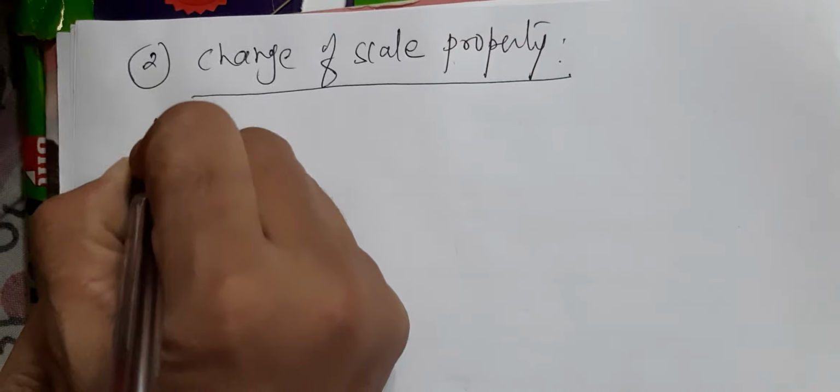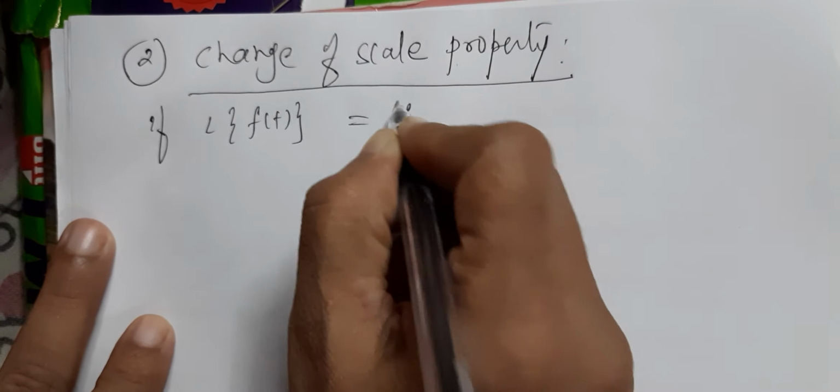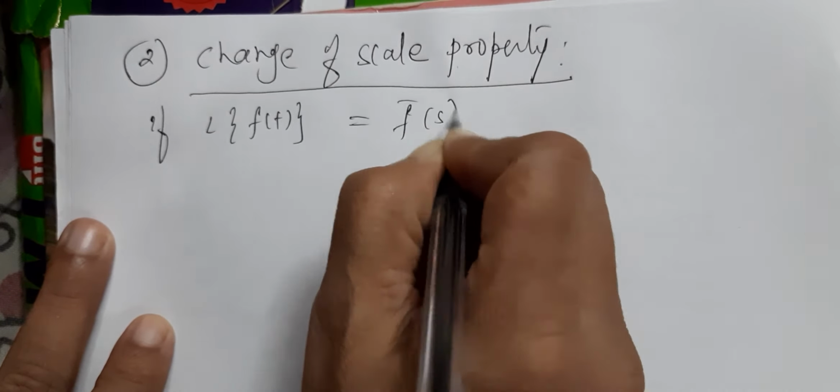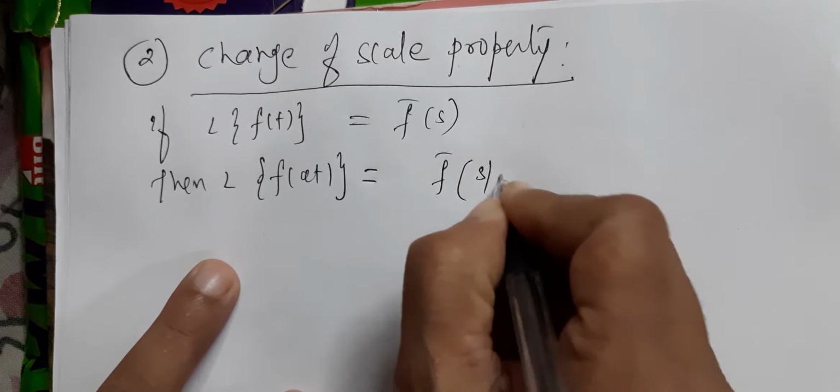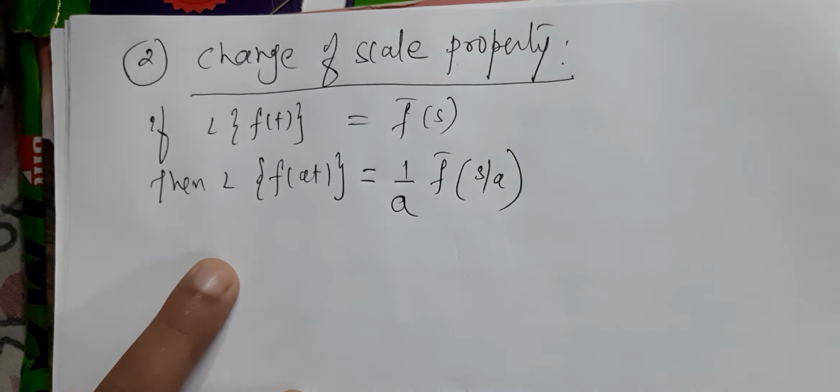This property says, if L of f(t) is f bar s, then L of f of at is f bar of s upon a, and outside we have 1 upon a.